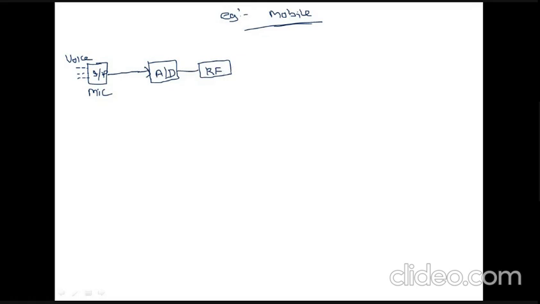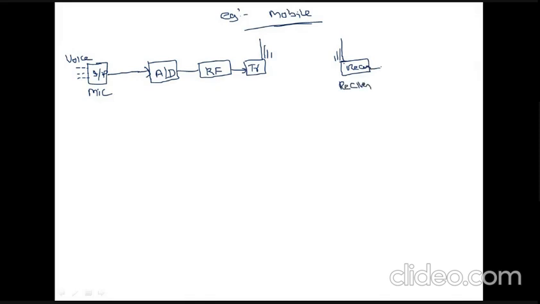Then the same signal will be given to the transmitter, and the data will be received through the receiver.